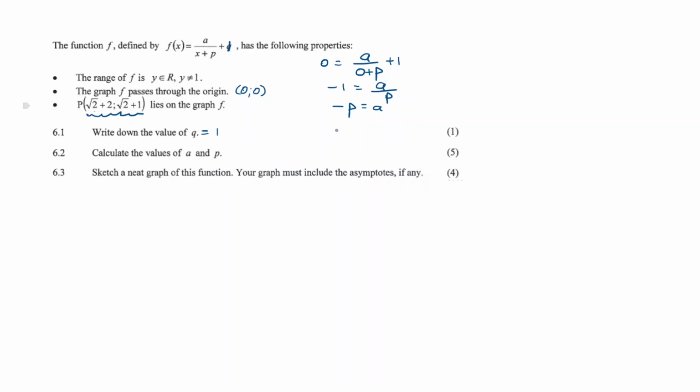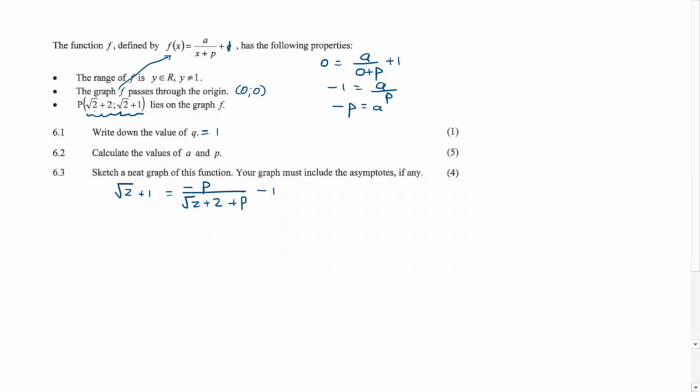And so if I substitute these back into the original equation, the y value would be here, so it would be that a is minus p, so let me just pop minus p there, and x is this point here, the root 2 plus 2, and there was a plus p on the bottom.